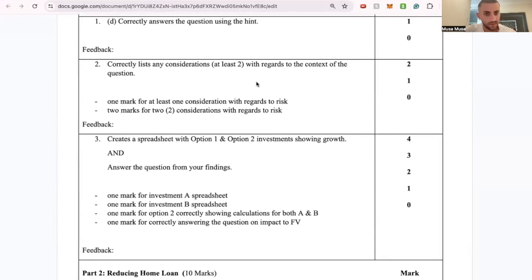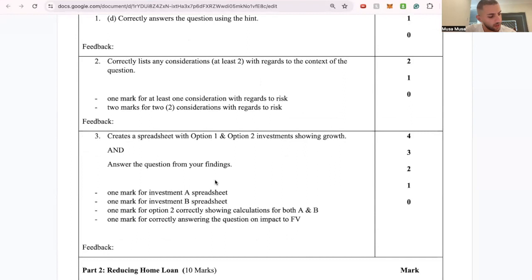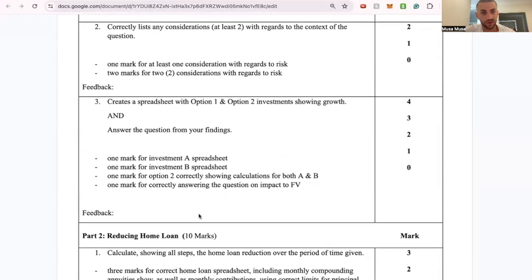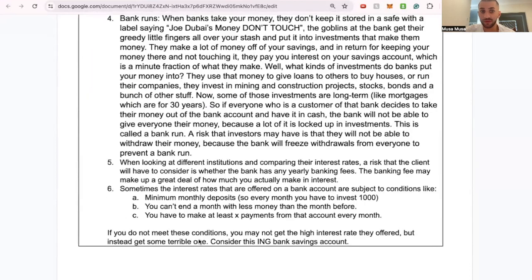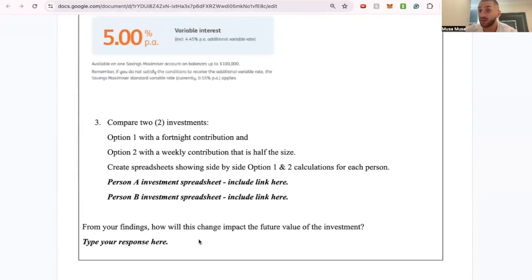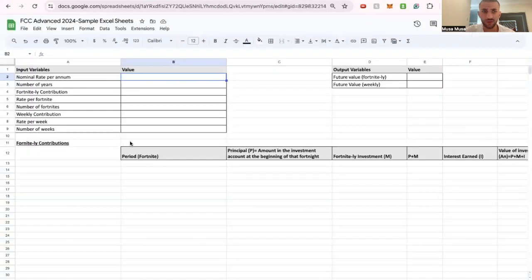It says 1 mark for investment A, 1 mark for investment B spreadsheet, 1 mark for option 2 correctly showing calculations for both. Okay, whatever. All right, so not that many things, but it's not saying for a certain number of years. So I guess we can just decide on what we want. Just confirm with your teachers whether it's based on the same 20 years or same 10 years, but I'm not sure.